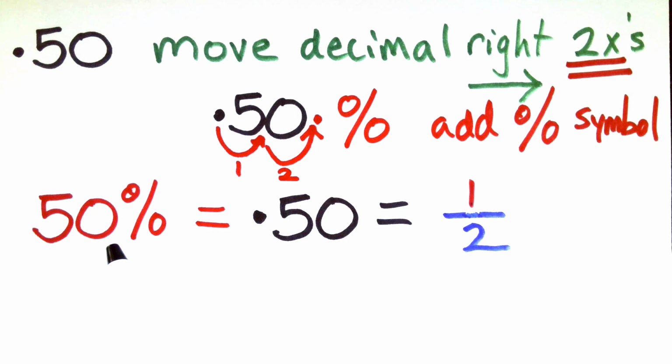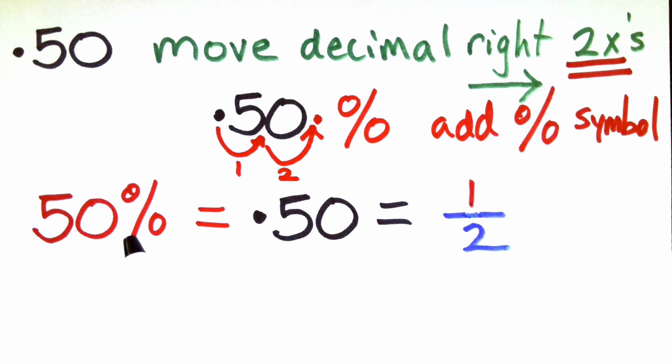All right, so these are all equal to each other. 50% is equal to 0.50, or 50 cents, or 50 hundredths. Tens, hundreds, 50 hundredths is equal to 1/2. So all these values are equal to each other. It's just a different way of writing it. Half of a dollar, 50 cents, 50%.